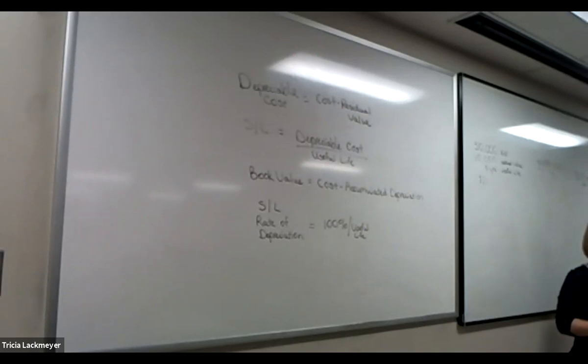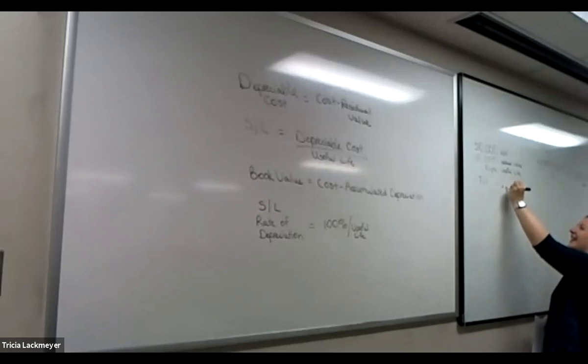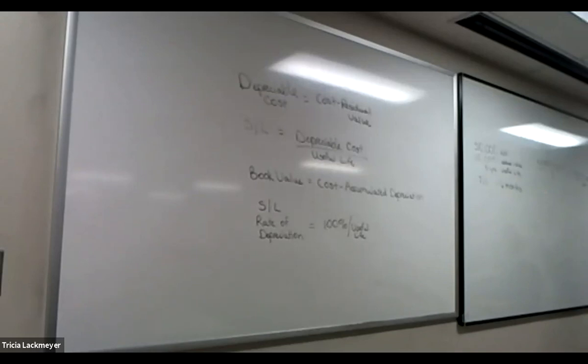July, August, September, October, November, December. Six. Remember when you're counting months of ownership, if it's in the first half of the month, we always count that month as owning it. And it will be like that on the test. They won't throw a tricky one at you. So I will have owned it that first year 6 months.